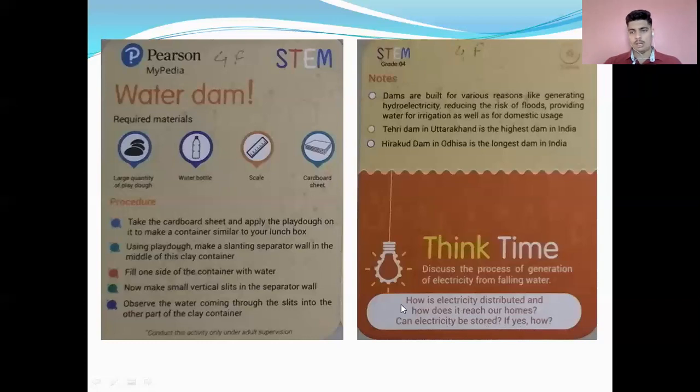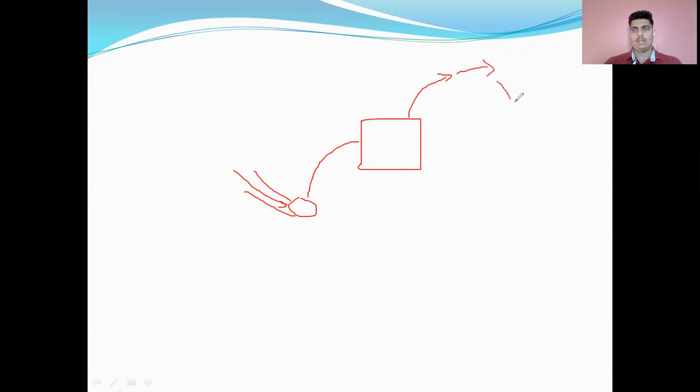If yes, then how? Now we have discussed how electricity is distributed and how it reaches our homes. Like I've shown you in a diagram, imagine this is a turbine, and this is flowing water from it, and now this generates electricity, and we have it in a powerhouse for any increment or decrement in power if needed. Then there are multiple stations with which it is transmitted till our home.